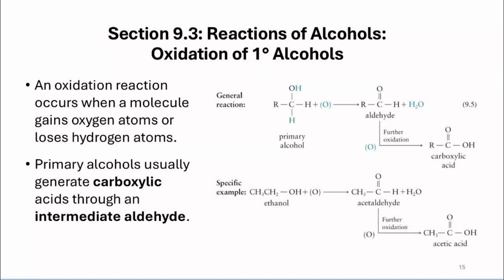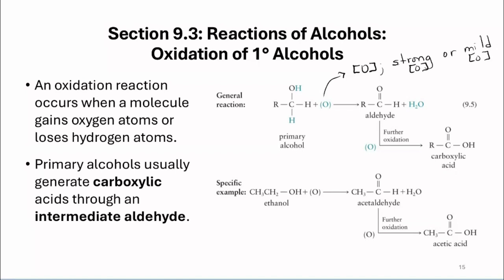Typically, what we observe in this class is that oxidants, which we illustrate as an O in brackets, can come in the form of strong oxidants or mild oxidants. In exams, we actually observe the wording strong O in brackets or mild O in brackets to symbolize the reagent that our primary alcohol is exposed to.